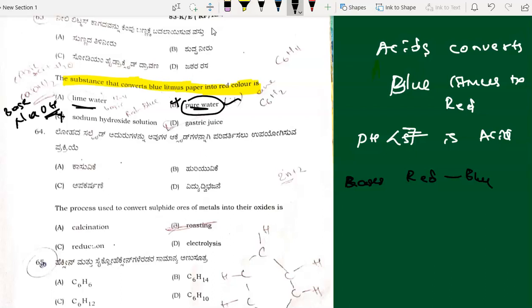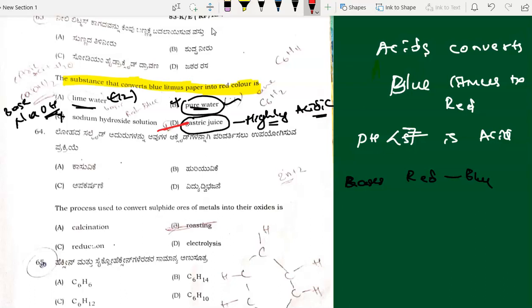And lime water forms OH groups. It is basic in nature, and its pH is 12. And gastric juice is the one which is highly acidic in nature. So you can say option D is your answer.